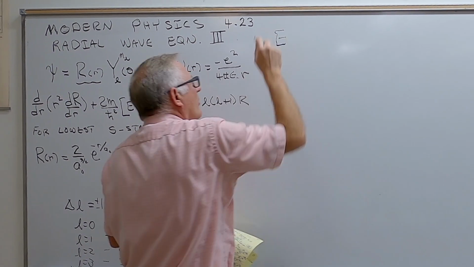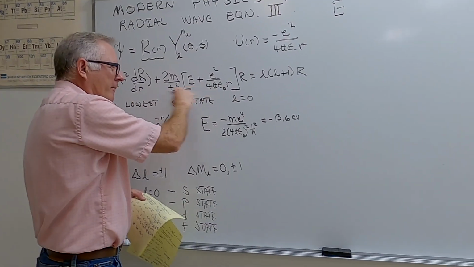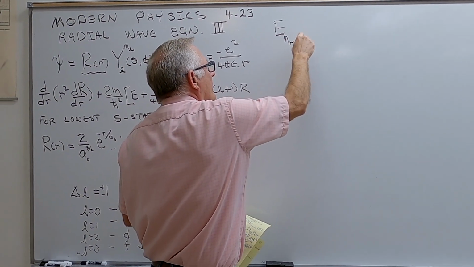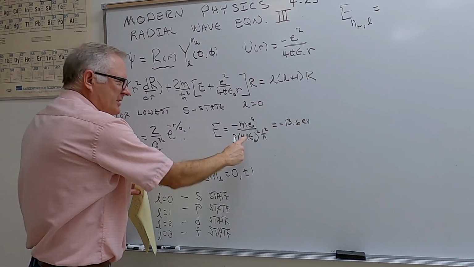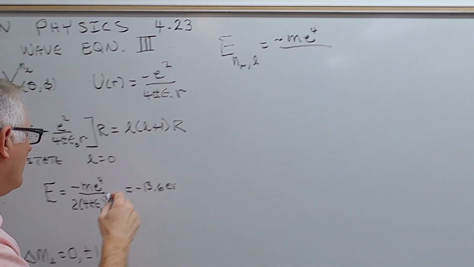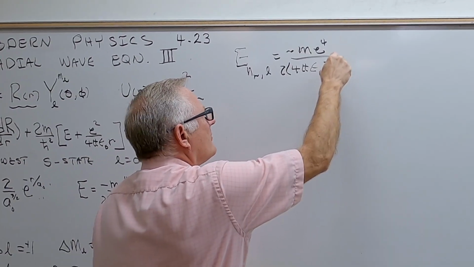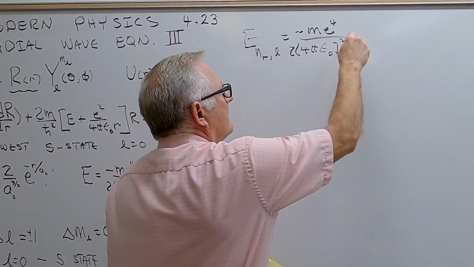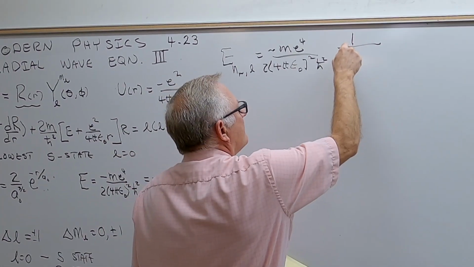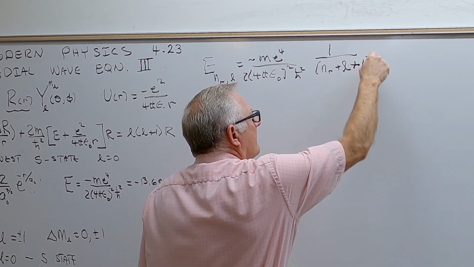The energy for all the other orbits is going to depend on this radial quantum number, which we haven't got yet, n sub r, plus this L quantum number, and it comes down to be just this same thing: minus m e to the fourth, all over 2 times (4 pi epsilon naught) squared, h bar squared, but then we're going to have 1 all over (n sub r plus L plus 1) squared.